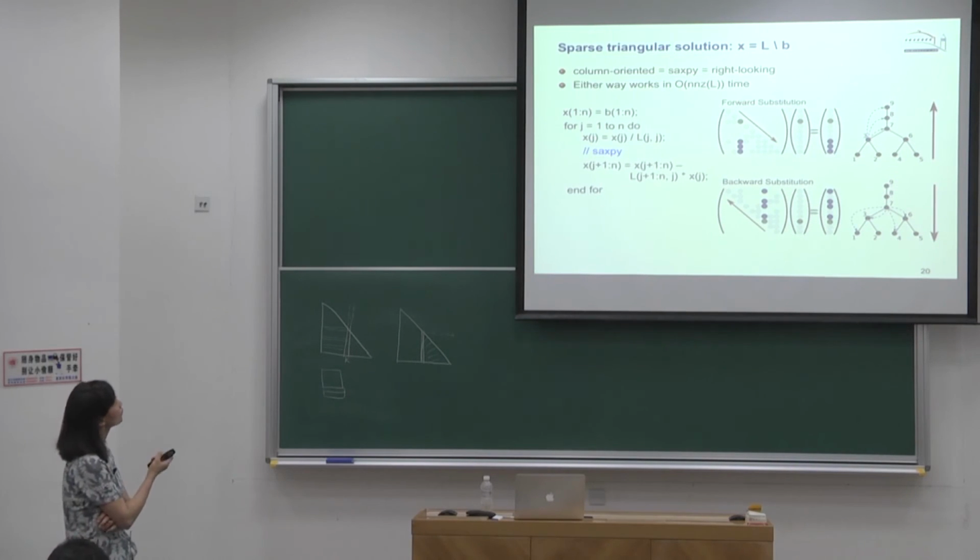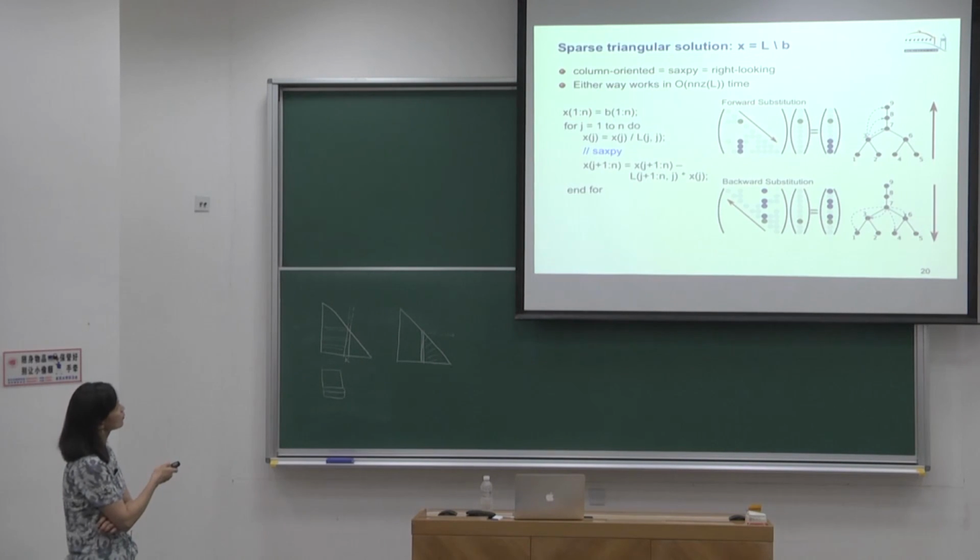Then symmetrically, you can think about the column-oriented version. Suppose your L matrix is stored in this way, and then you have to use the saxpy version in the internal calculation. That means every time I need to update several of the x components, and only after all this is done, in the end, I do the division like this.